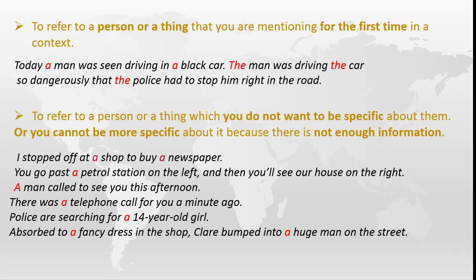The next one. Absorbed in a fancy dress shop, Claire bumped into a huge man on the street. You can see that a fancy dress shop was something that could absorb Claire's attention. So she was looking at it and she was walking when she bumped into the huge man. So is it important to say which man?